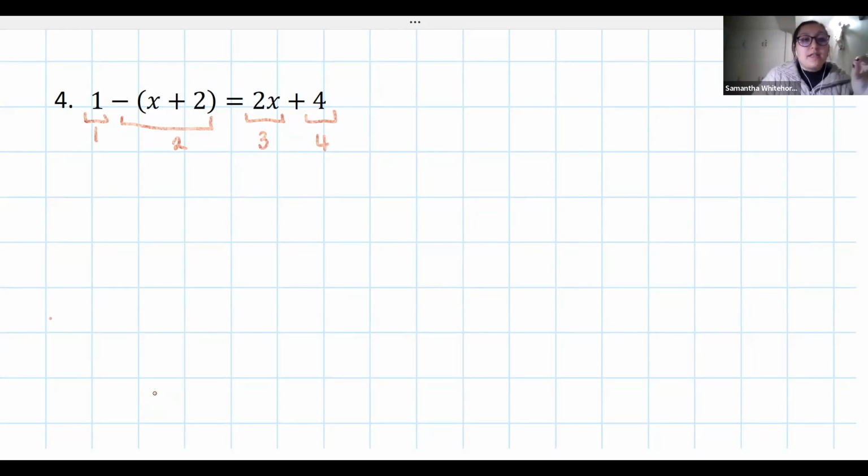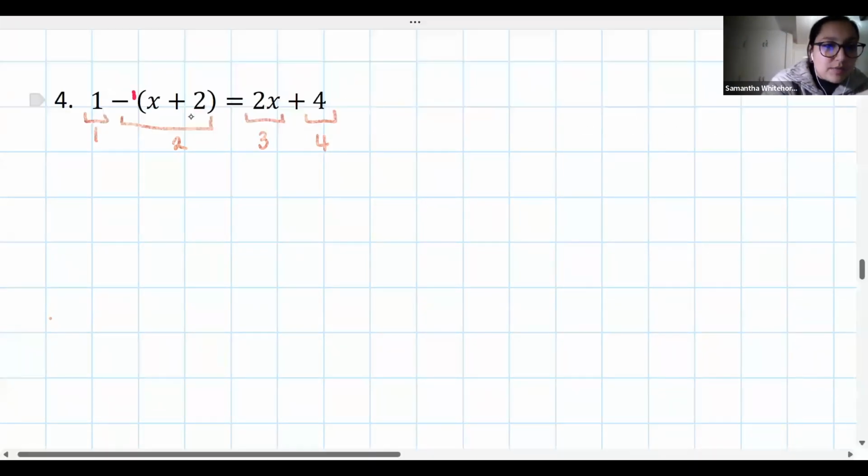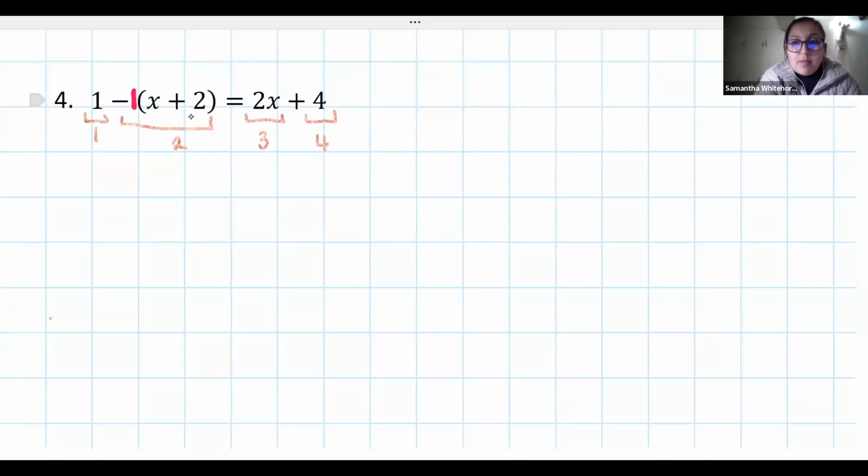Often what will happen is people will forget that on the left-hand side, you actually have 2 separate terms. And so when it comes to this distribution, what we need to remember is that there is that invisible 1 in front of the bracket. And what actually needs to be distributed here is a -1 into the bracket.